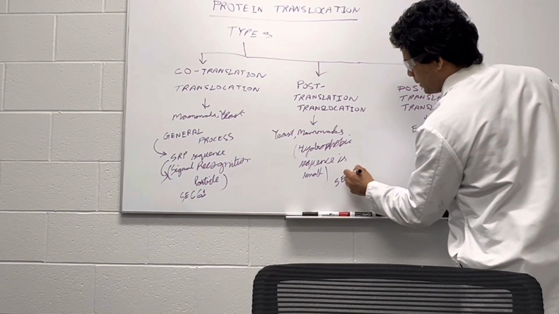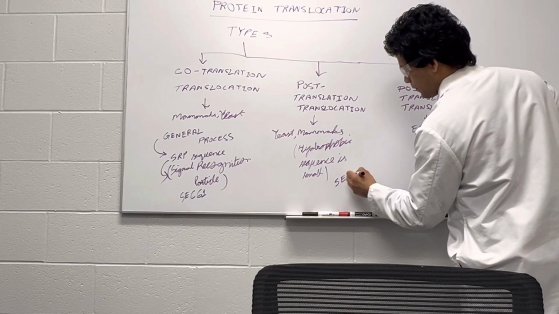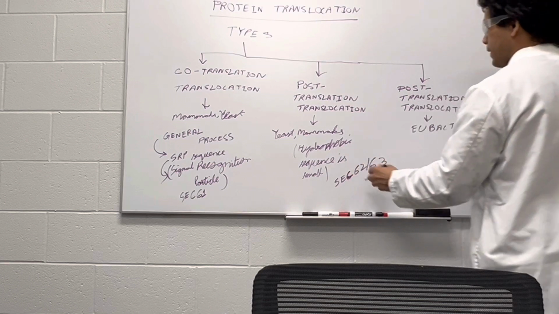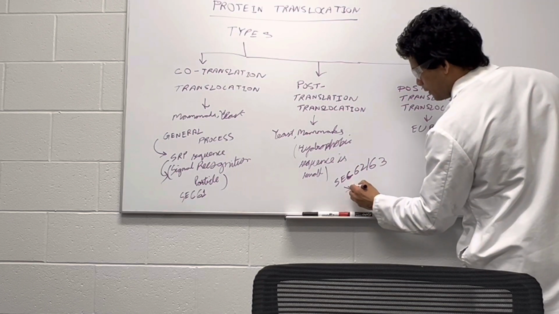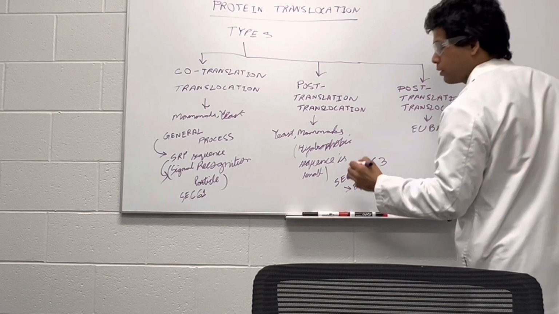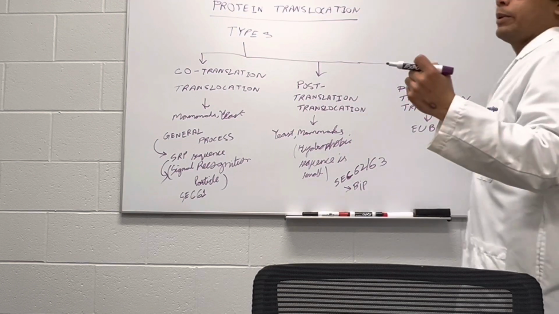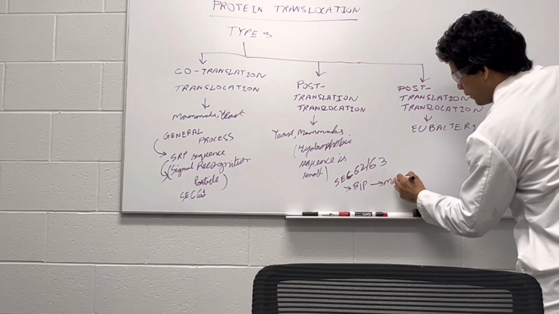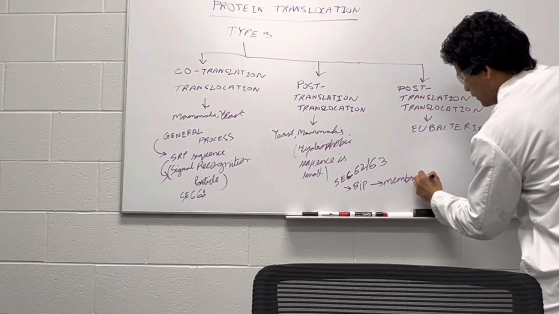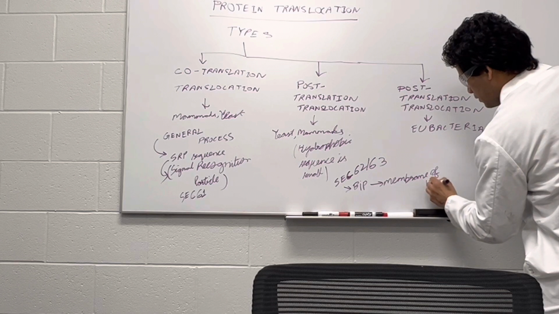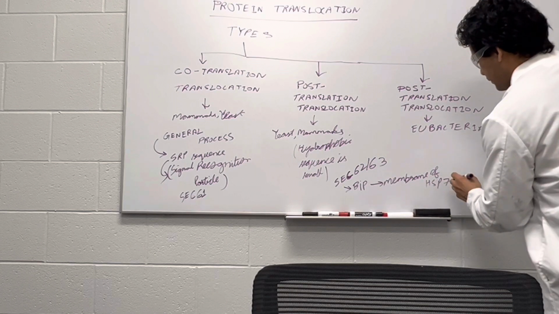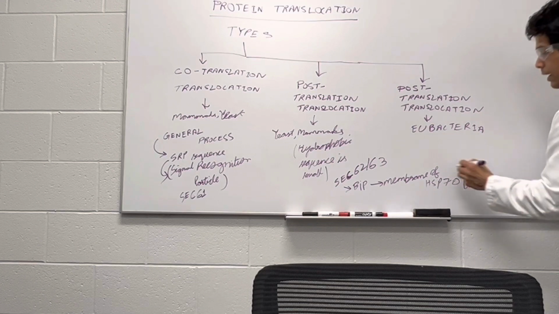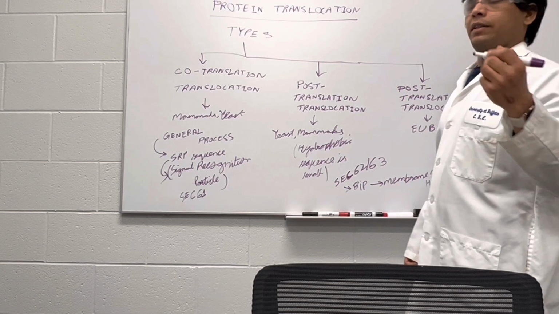is named the SEC62-63 complex, and this complex works in coordination with BiP, which we have also discussed during the N-glycosylation process. BiP is a member of the HSP70 protein family, that also helps proteins to get their native structure.